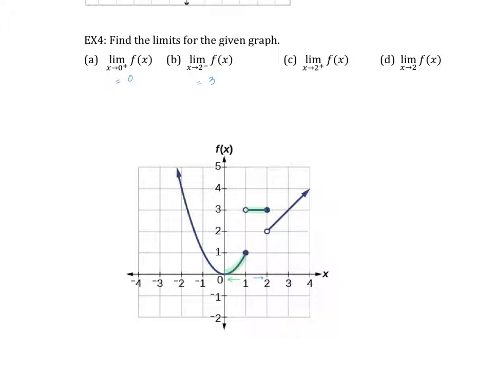All right. So let's look at part C. This time we're going to be approaching 2 from the right. So as we approach 2 from the right, we're coming down on this graph, and our y values are approaching 2.